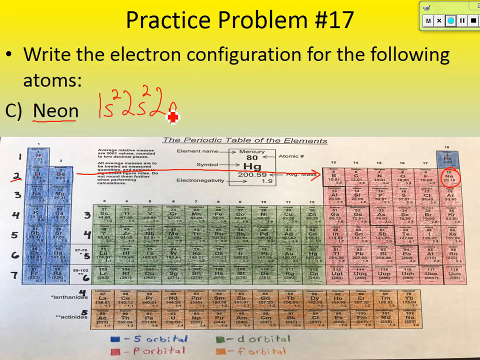And if you count over to neon, we got 1, 2, 3, 4, 5, 6 electrons there. Okay. And so we've got 2 plus 2 is 4, plus 6 is 10, and there's 10 electrons. So that is correct. That would be your electron configuration for neon.